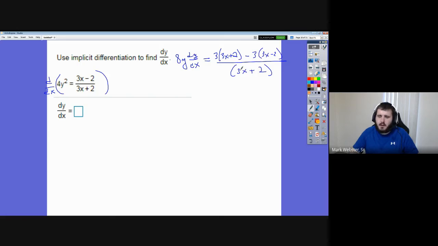And then for those of you who are weird about putting stuff into and around fractions, remember if you want to divide this 8y away, which is what we want to do to get it over here, you can just take this and just dump it into the denominator on the other side. That's allowed. That's what we're doing anyway, right? We're dividing by 8y, so just put it in the denominator.